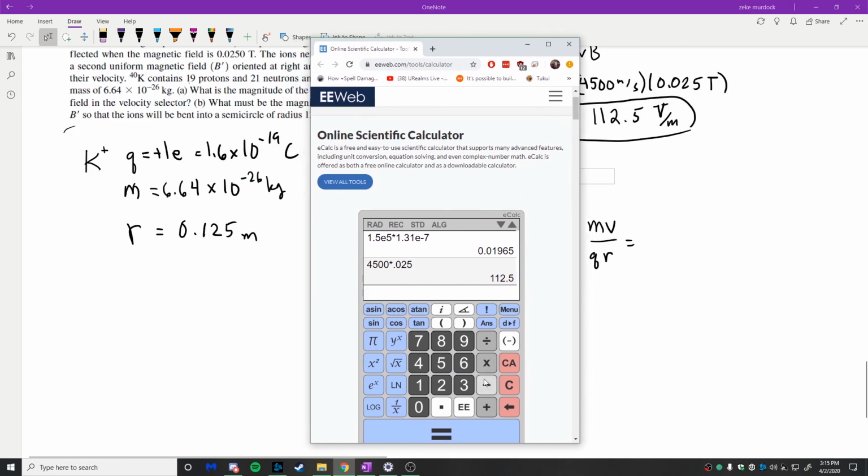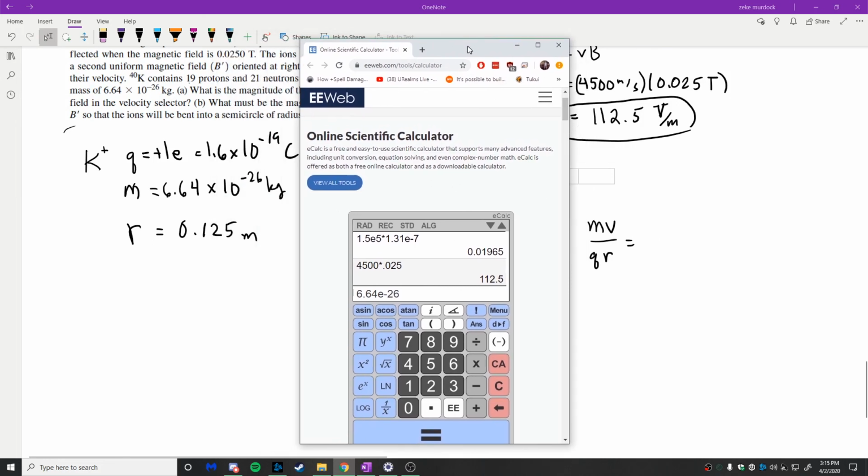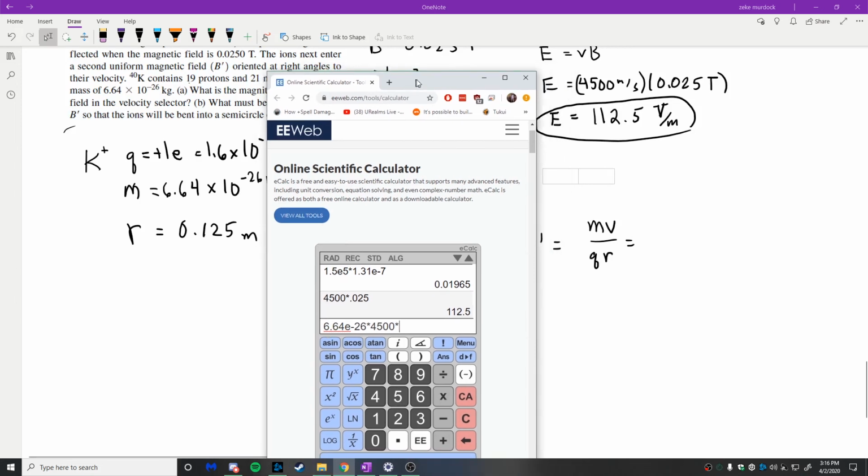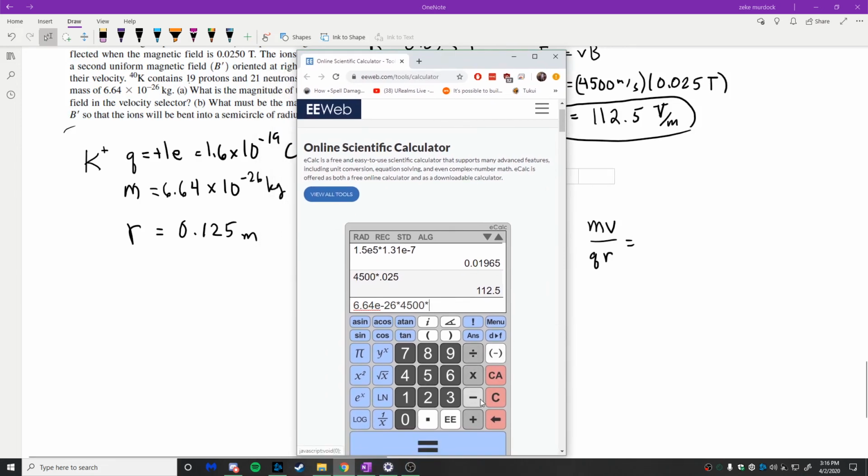Let's see, so mass is 6.64 times 10 to the negative 26. And then velocity was 4,500, I think. Divide by q, so divide by 1.6 times 10 to the negative 19.